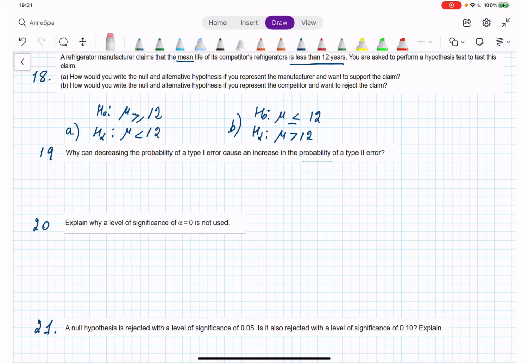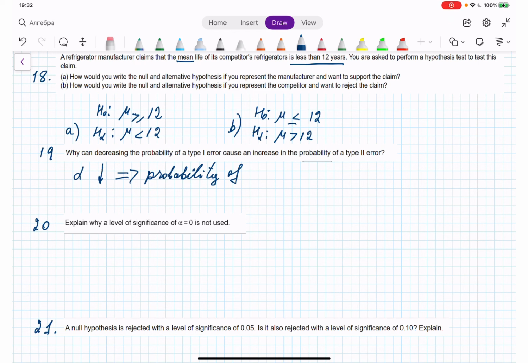Alpha decreasing, putting it this way, hence the probability of rejection is decreasing. That means you have fewer errors.